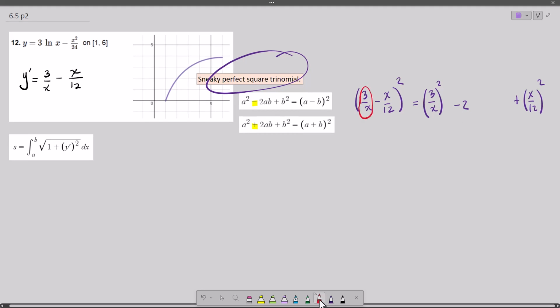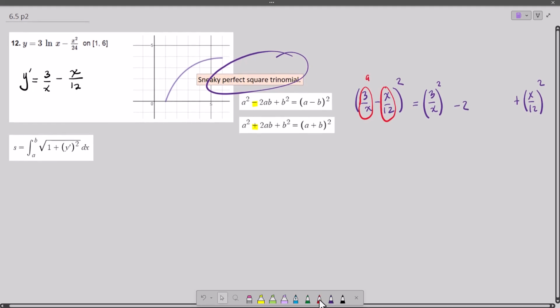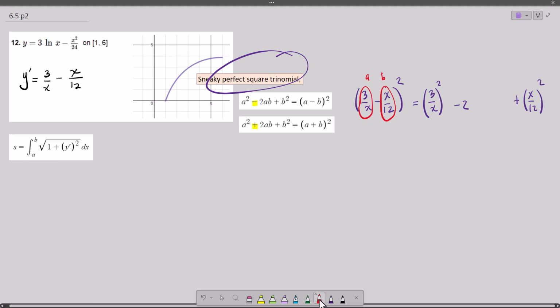So that is A. This is B. Okay? So A minus B squared, right there, is A squared minus 2 multiplied by A multiplied by B plus B squared.